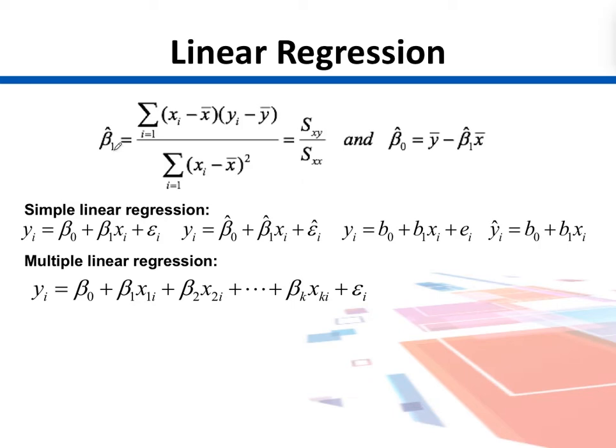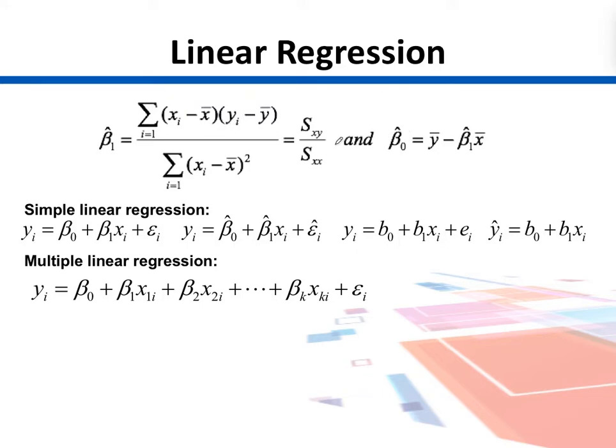The estimate for beta 1 we can calculate as the sum of the cross products of the deviations of x from its mean and y from its mean, and we do it in pairs. We take each number from x and y, and for that pair of numbers we calculate their deviations from their respective means and multiply them, and in the end we sum the whole thing.